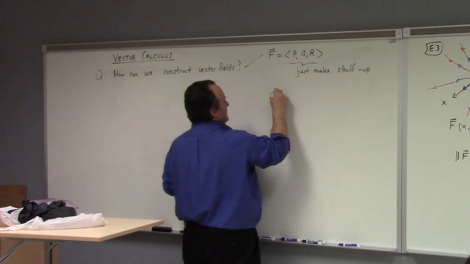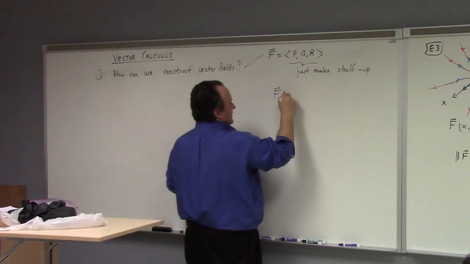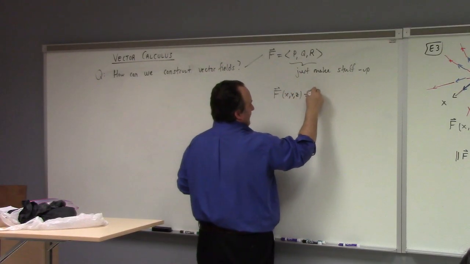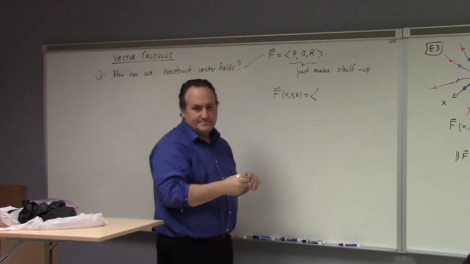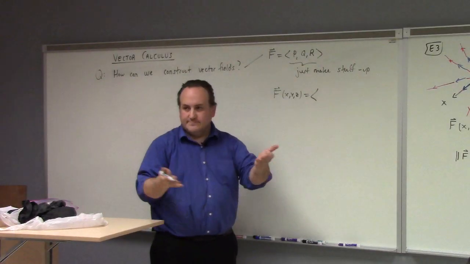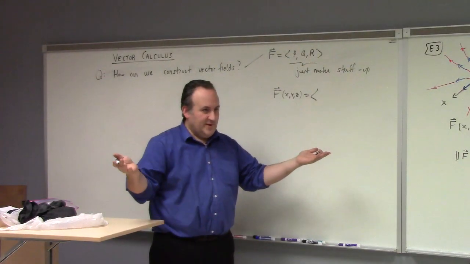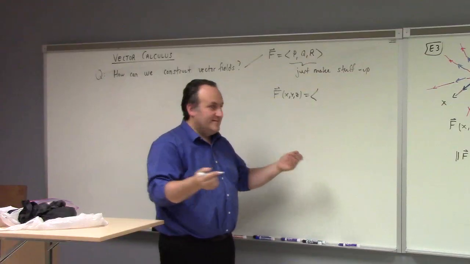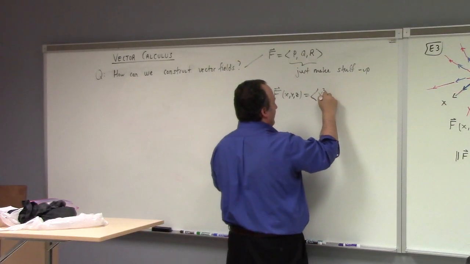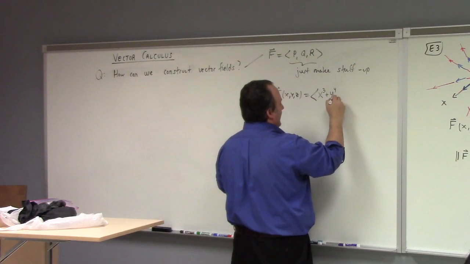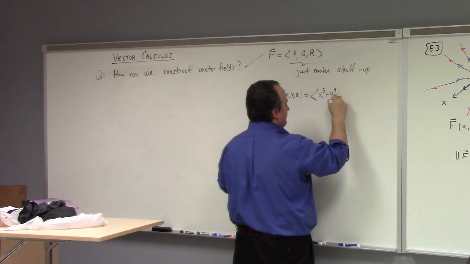For example, I'll ask you guys: give me a function of x, y, z. x cubed plus y to the fourth over z e to the z.